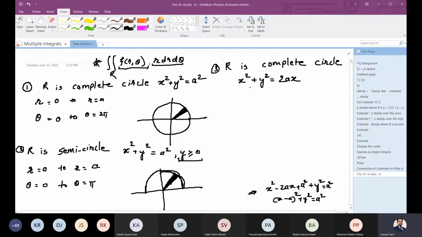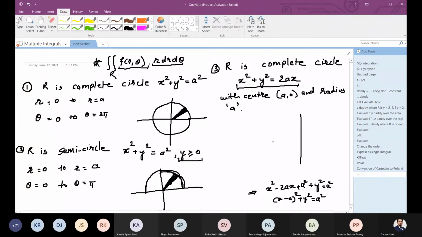So this is a circle with center a comma 0 and radius a. So a comma 0 is this point, and I'll draw the circle.